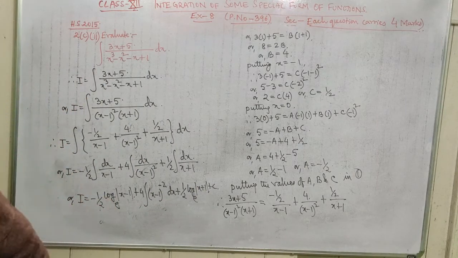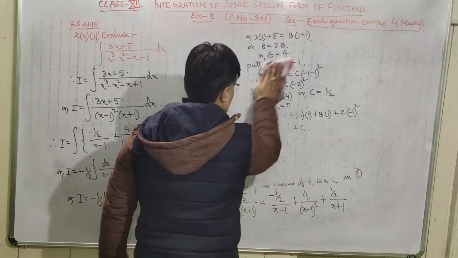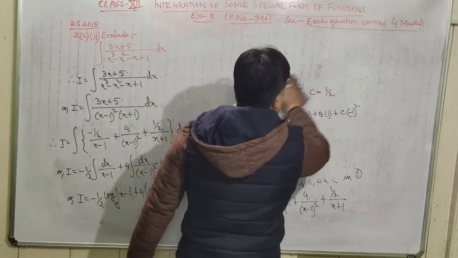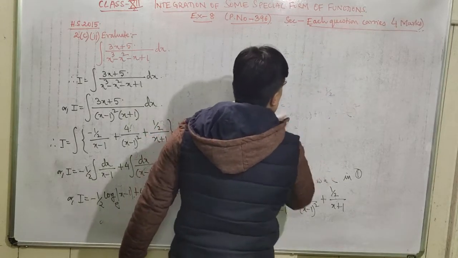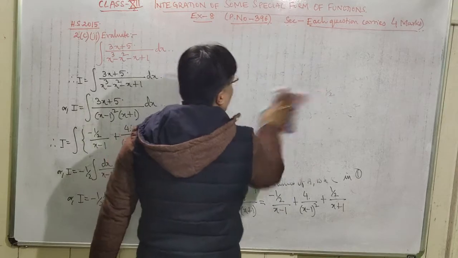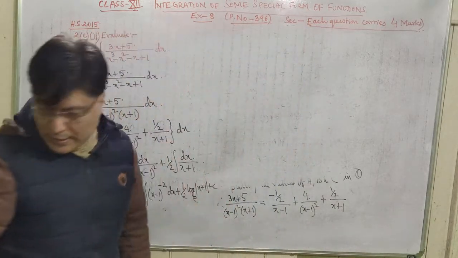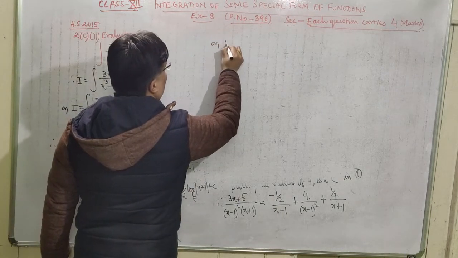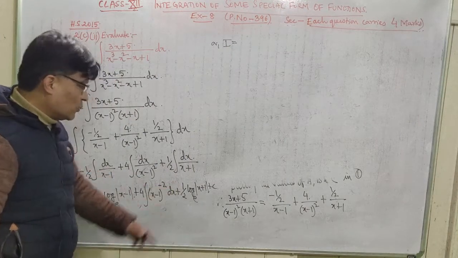Okay, so next. In the next step we can write, I is equal to, from first and third, what is common?